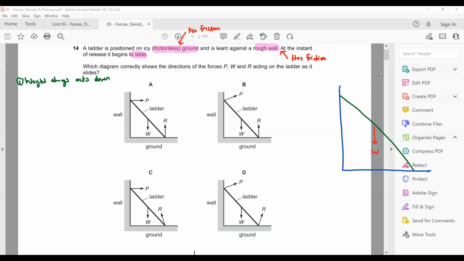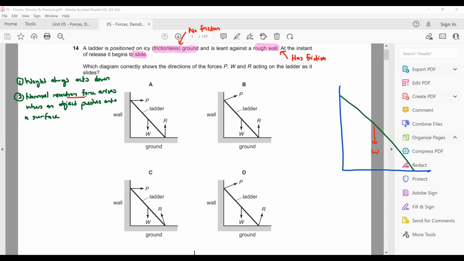Another thing that you should know is that normal reaction force arises when an object pushes onto a surface.